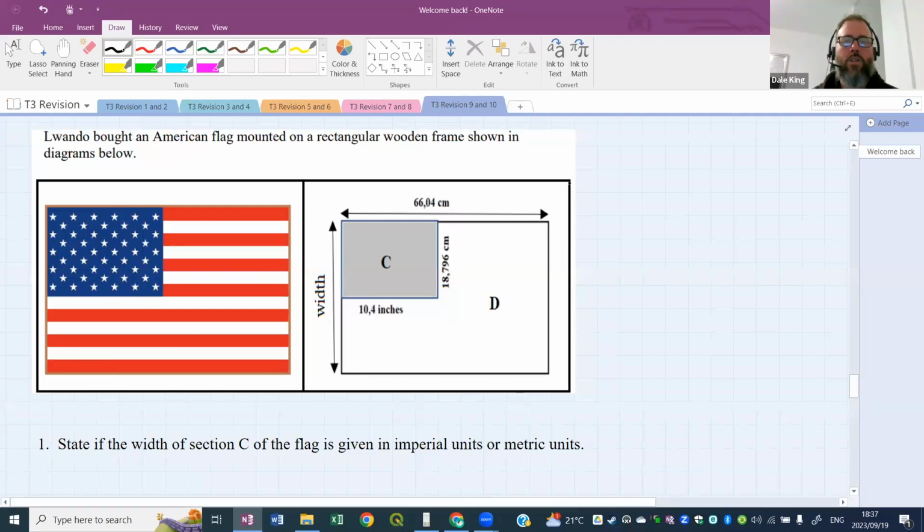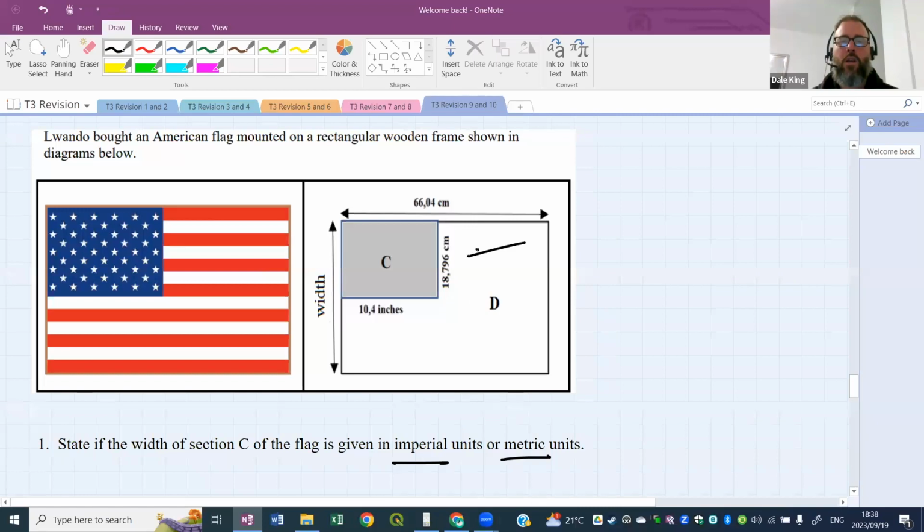Everyone should be typing in chat. The width of section C, is it in imperial or metric units? Everyone should be typing in chat now what the answer is for question 1. You guys can see it there. Everybody should be giving me the answer for this. Imperial units or metric units.